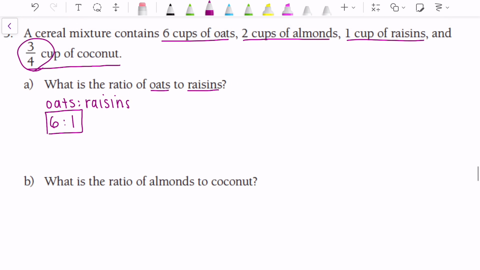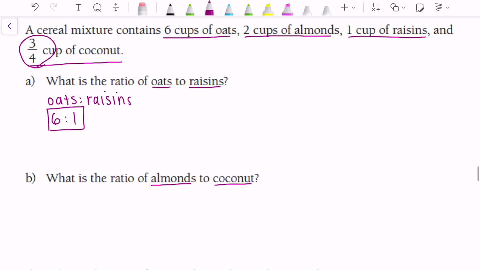All right, what about the ratio of almonds to coconut? Now we have the situation which I mentioned earlier. So almonds to coconut. Almonds have 2, coconut has 3/4. Now, with that, we can do one of two things, actually.